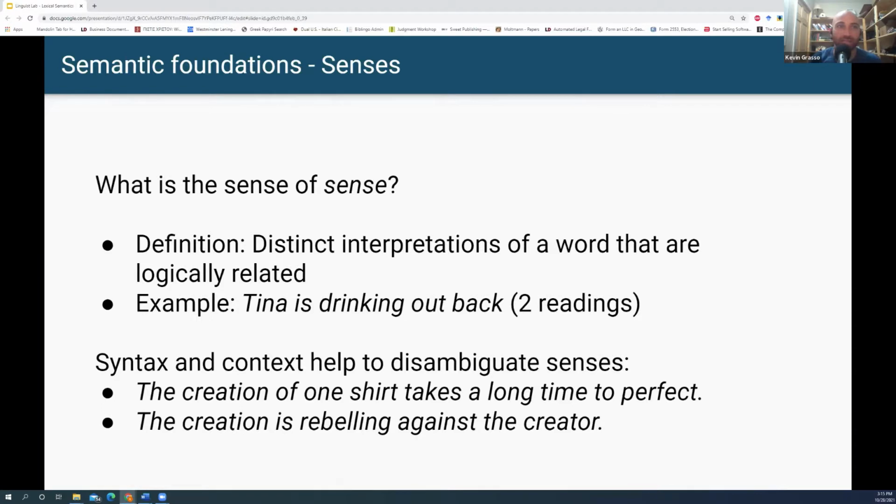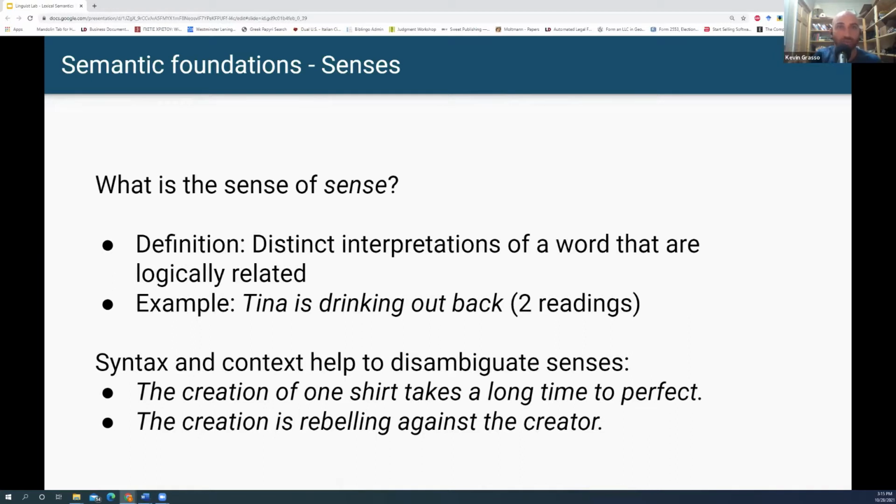So in this case, the creation doesn't have a normal object, whereas in the first example, the creation of one shirt, the shirt is the object. In the second example, there's no object, and there's no time associated with it either.